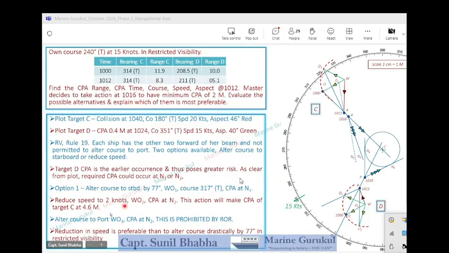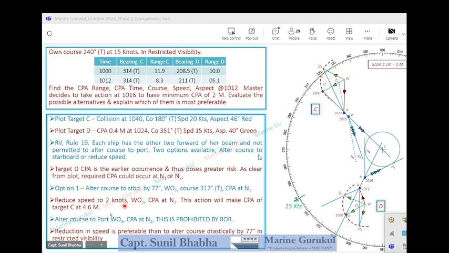Sir, we will always get it like this, that one line of approach will result in alteration and speed, and the other line of approach will be only alteration. No, it will not happen this way in all the questions. It may change slightly question to question. Basically, you have to check कि जो आपकी नई line of approach है, by reducing your own ship vector, WO को आप increase या decrease करने पे अपनी new line of approach तक पहुंच रहे हो या नहीं.